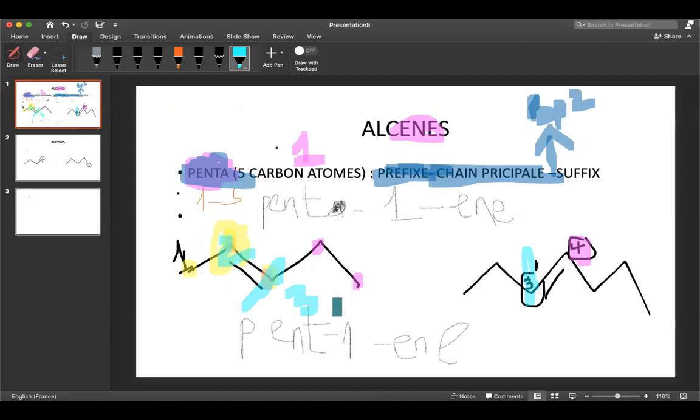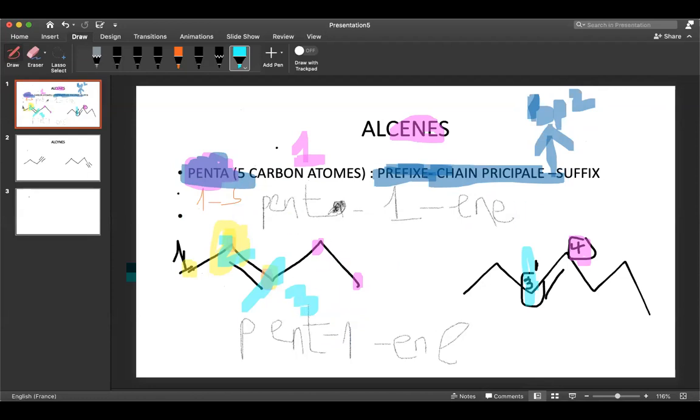Then there's no rule number 4 where you position the substituents, and no rule number 5 for multiplication factors. So here it's only the position of the liaison that we look for. The formula is the prefix, which stands in for the chain principal, then the position of the double liaison, and the terminaison, which is a suffix.